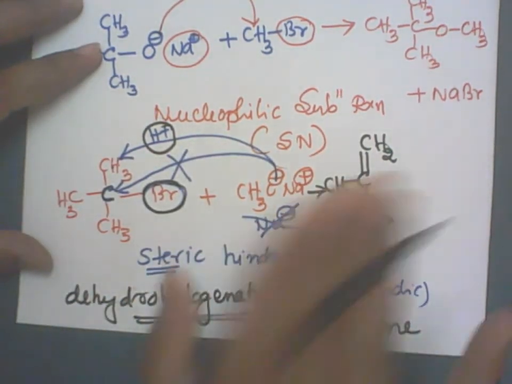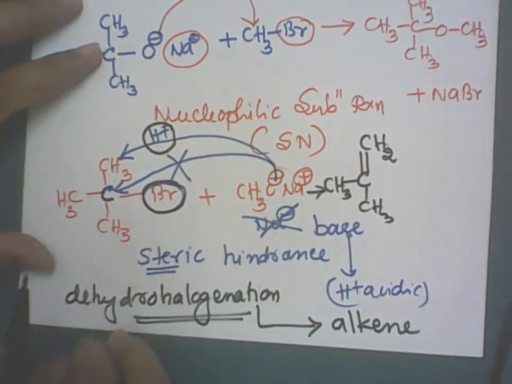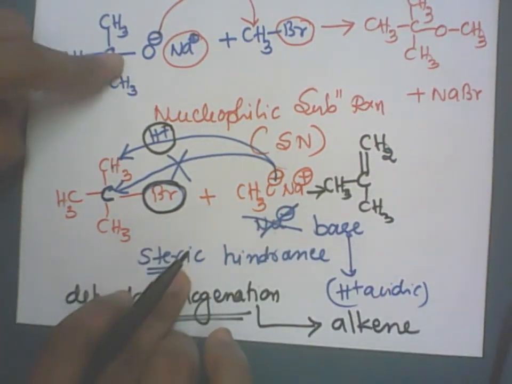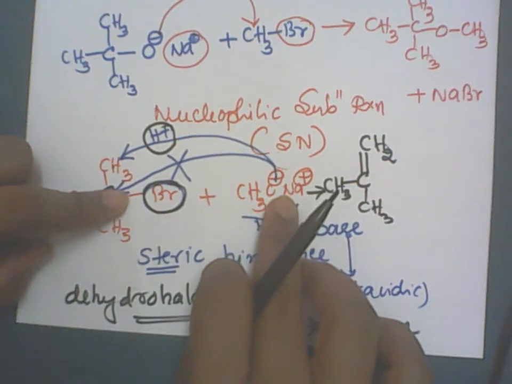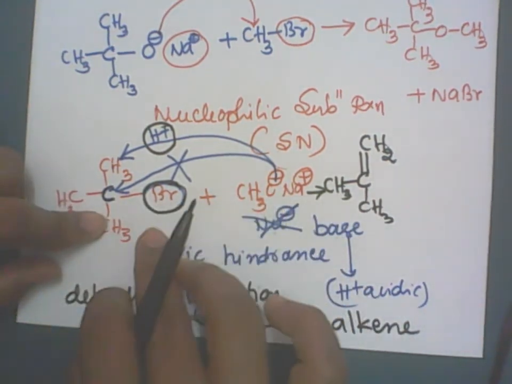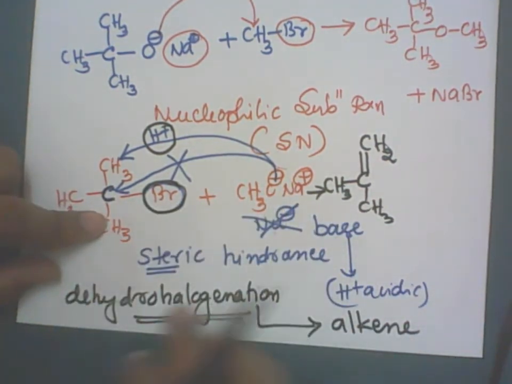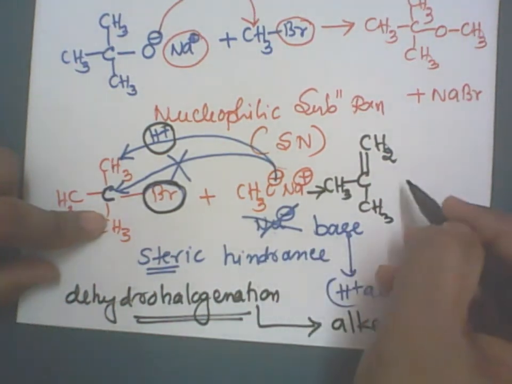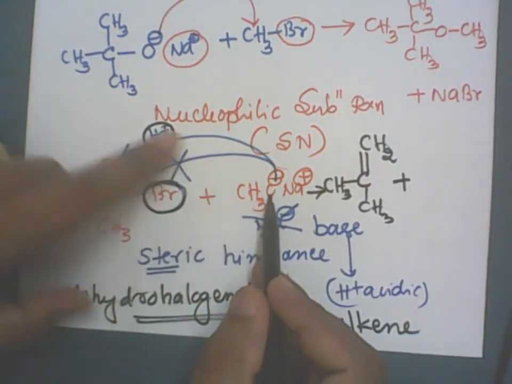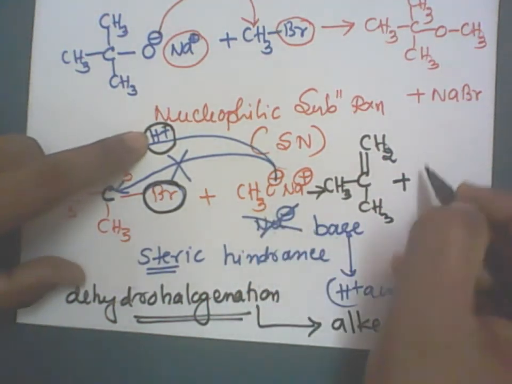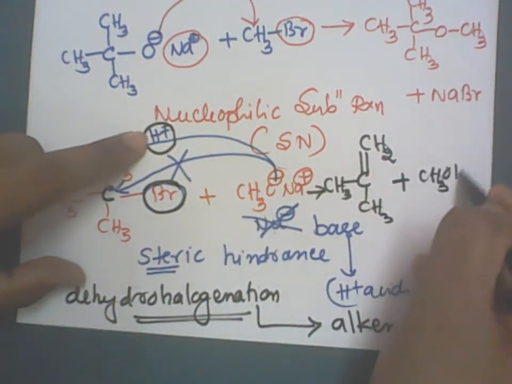It depends on what kind of nucleophile is there, what kind of alkoxides are there, and what kind of alkyl halides are there. If bulkier alkyl halides are there, and the base is also bulky, nucleophilic substitution is not easy. Therefore, they can undergo dehydrohalogenation. And what is the side product? CH3O minus will take up H plus, so it becomes methyl alcohol.